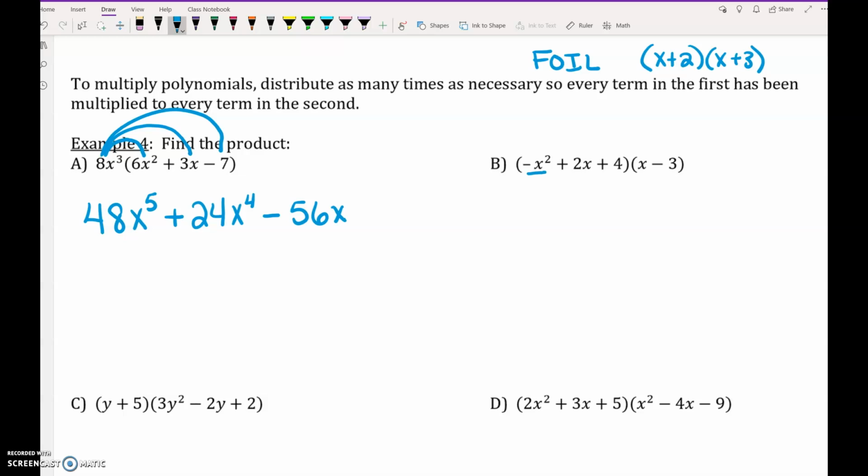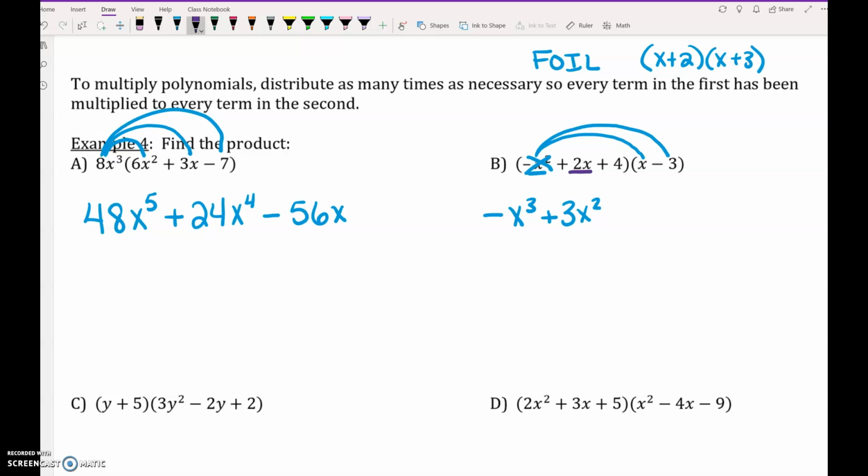So let's start by distributing negative x squared. Negative x squared times x is negative x to the third. Negative x squared times negative 3 is positive 3x squared. We are done distributing that one.